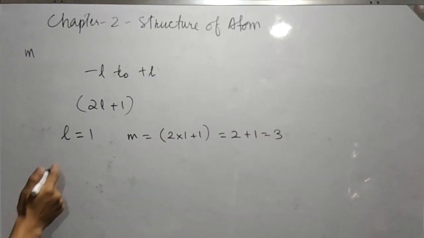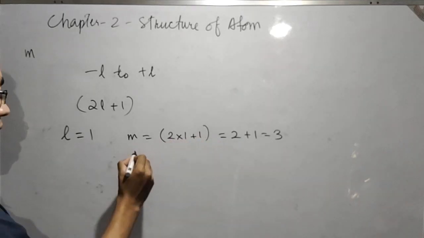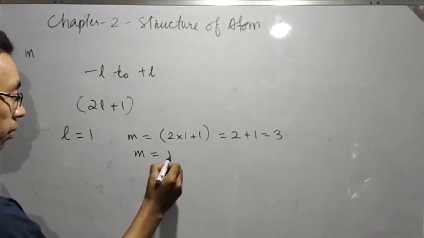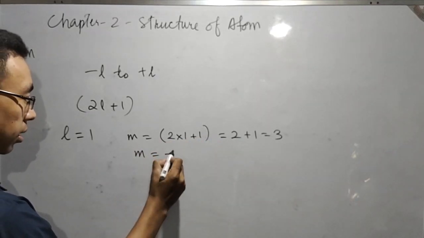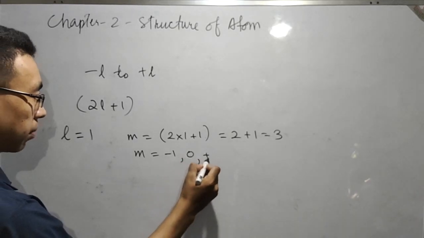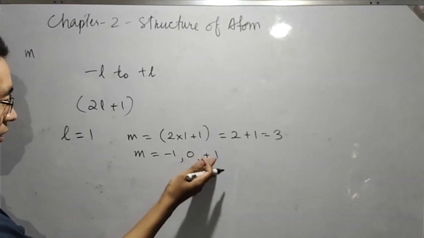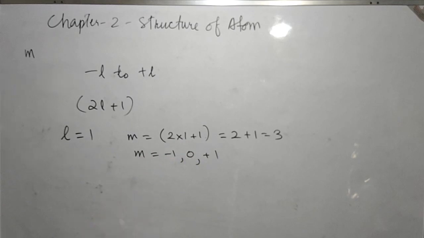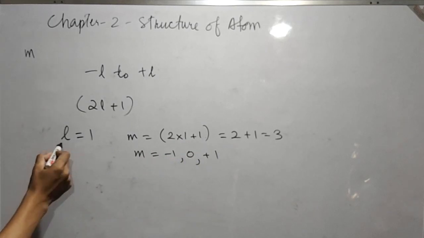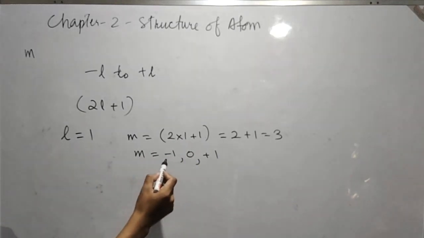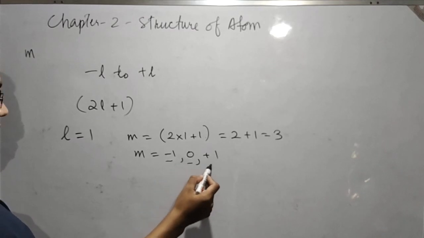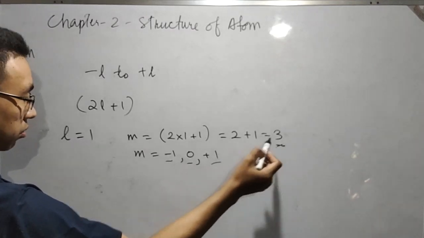So let us see how they are. What are those 3 orientations? We have minus 1, 0 and plus 1. So if L equals 1, m will have minus 1, 0 and plus 1, which is equal to 3, isn't it?